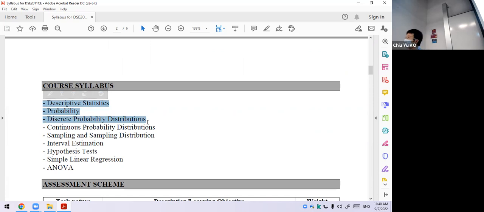And if you did additional math, M1, I think it's already covered up to half of it, up to the interval estimates. Probably what is new is hypothesis testing, regression, and ANOVA, which are not in the high school syllabus.